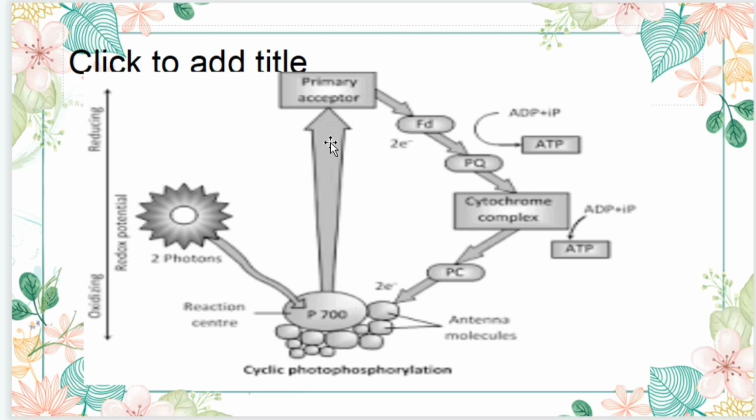Next, the electron transporters involved are ferredoxin, cytochrome complex and plastocyanin, to add the electron back to the same PS1, P700. They release two ATP molecules.